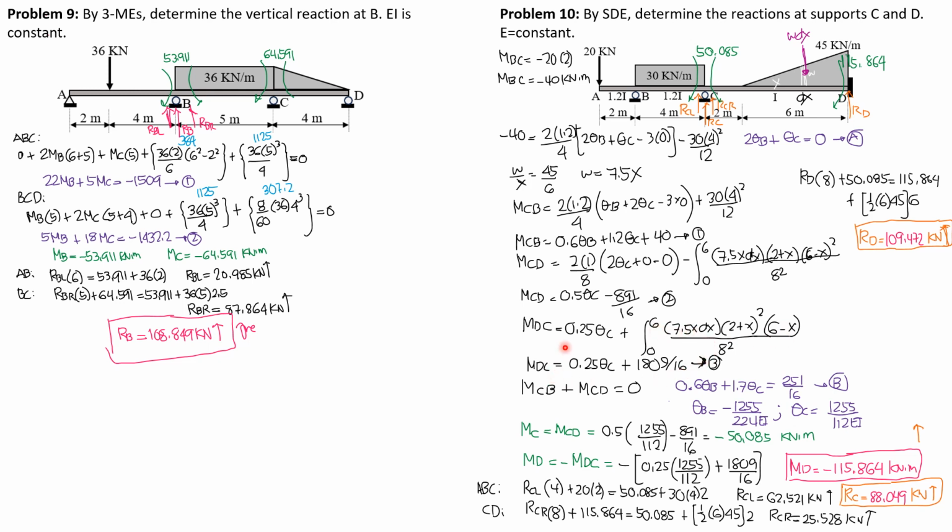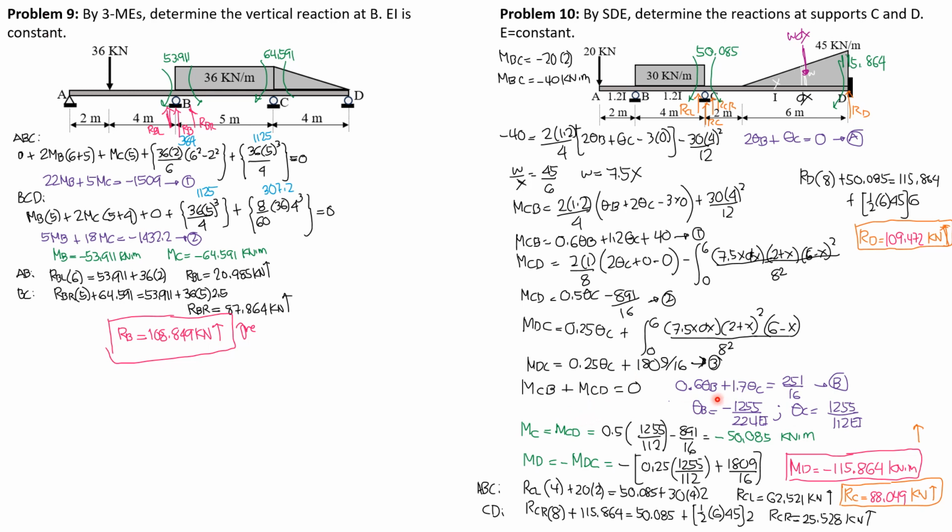So simplifying, MDC is 0.25 theta C plus 1809 over 16. We'll call that equation 3.